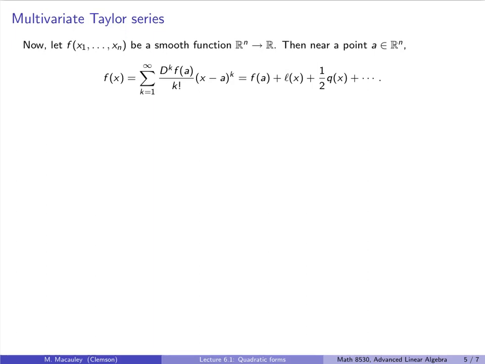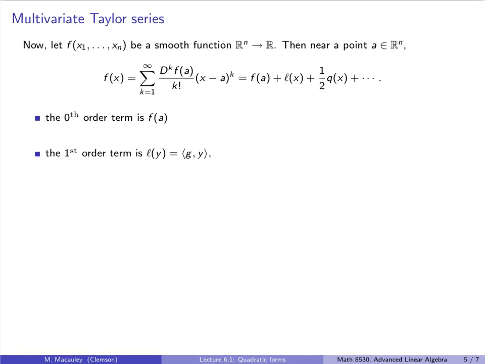So now a 0th order approximation is just the constant. A first order approximation is what you get by taking the first two terms, in other words, truncating it after this. And a second order approximation is what you get by taking these first three terms. The 0th order term is f of a constant.